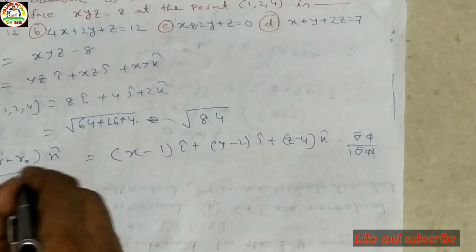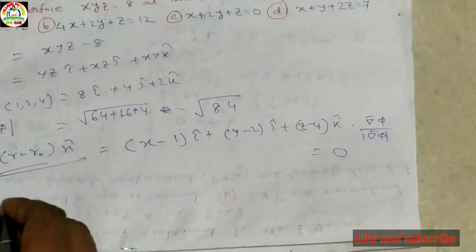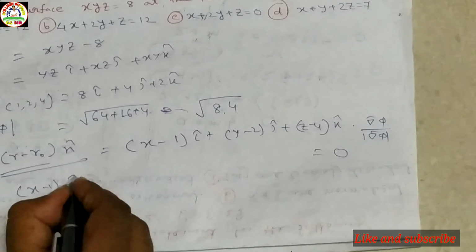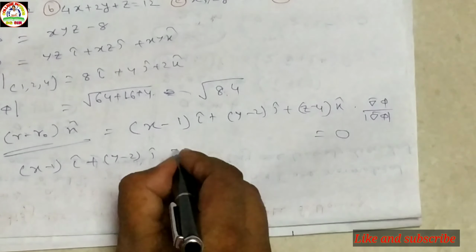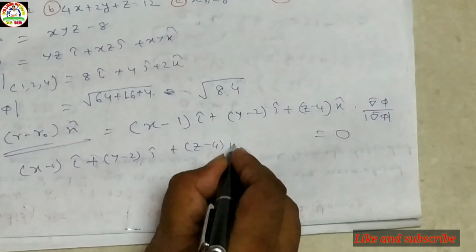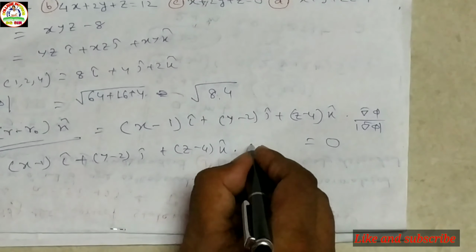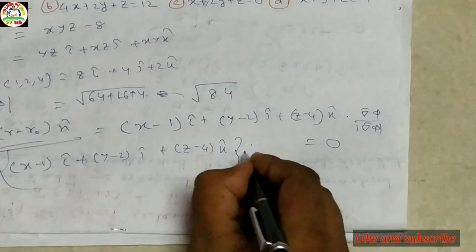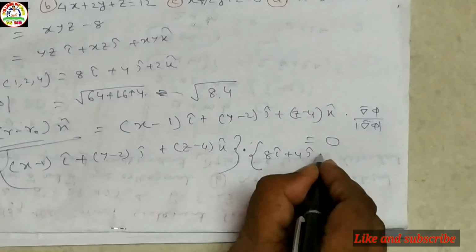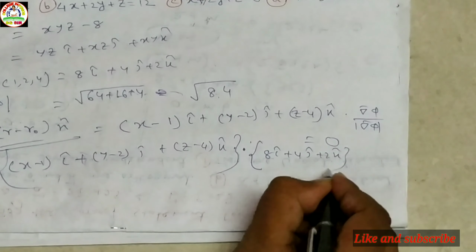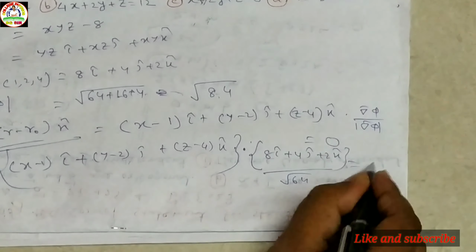Now this value is 0. So we get (x minus 1) i cap plus (y minus 2) j cap plus (z minus 4) k cap dot 8 i cap plus 4 j cap plus 2 k cap by root 84 equal to 0.